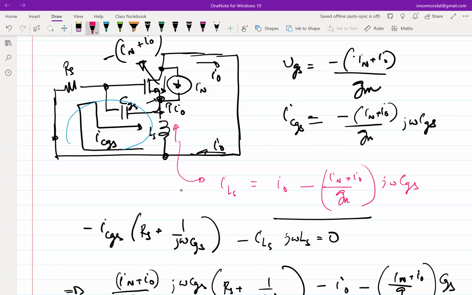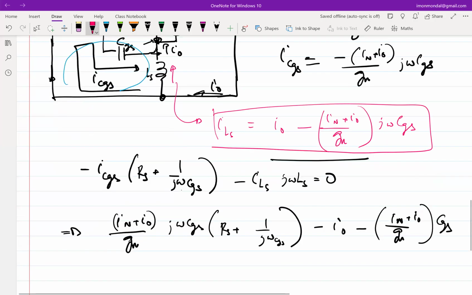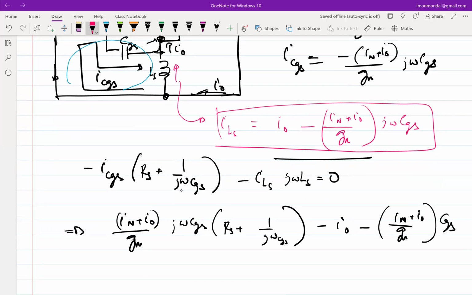So no, you mean this is correct? This is not correct, right? Yeah. So this is incorrect. So next one we'll see, right? So here I have another problem. So this is correct, right?